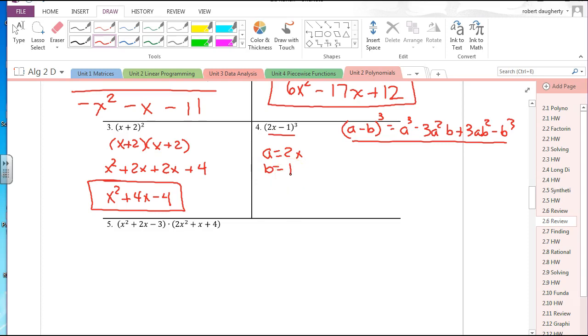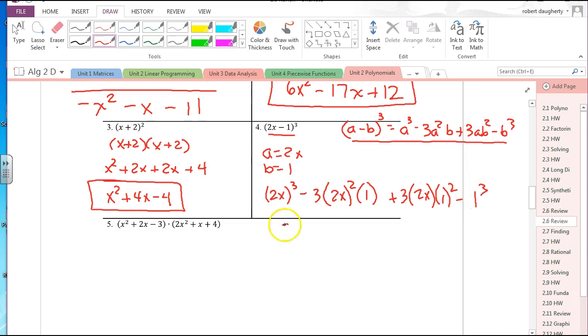And it looks like this is a minus b cubed. So I'm going to have 2x cubed minus 3 times 2x squared times 1 plus 3 times 2x times 1 squared minus 1 cubed.